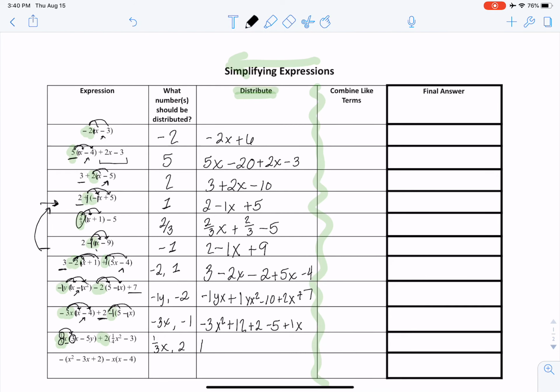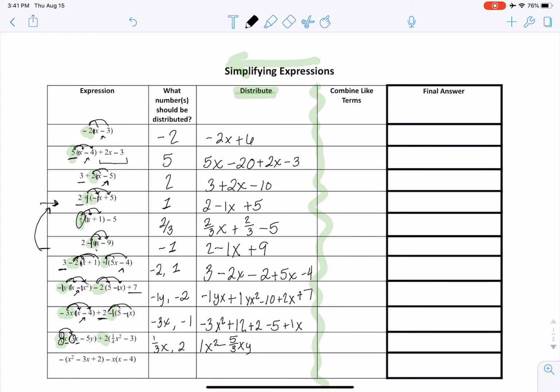There's an x here and an x here, so we have x squared. Now, 1/3 times -5. 1 times -5, -5 divided by 3. This is an x, and this one has a y, so I need xy.